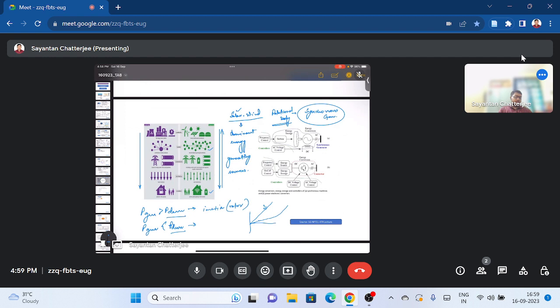Without this inertial support, this would have been the curve of frequency shoot. We can observe that there is a significant delay that we can attain, and within this time, if we can manage our automatic generation control, the frequency can be brought back to its nominal value.